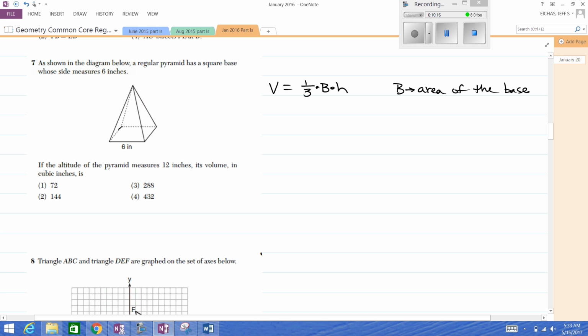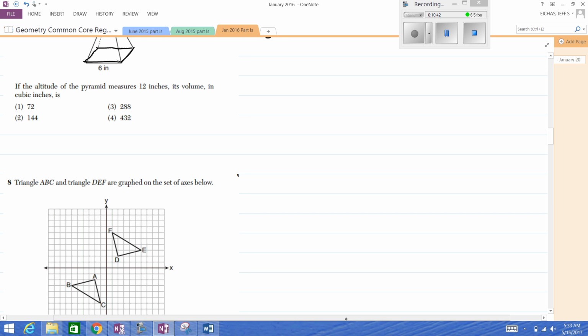In this case, the base is the shape of a square. It's not just a length across. This is a 3D shape. When we talk about area of the base, we're talking about a 2D shape here. And so that's going to be a square. All right. So the area of a square is going to be both the sides multiplied together.